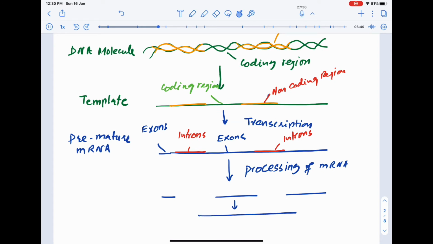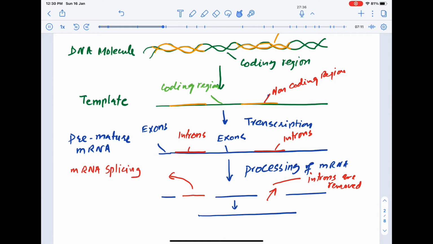This removal of introns from RNA is known as mRNA splicing.